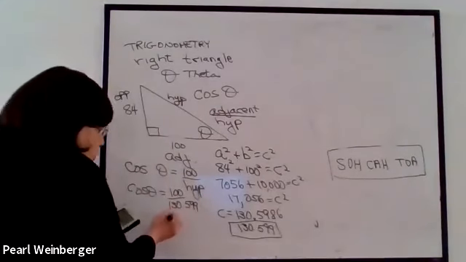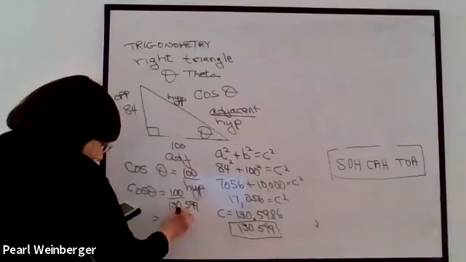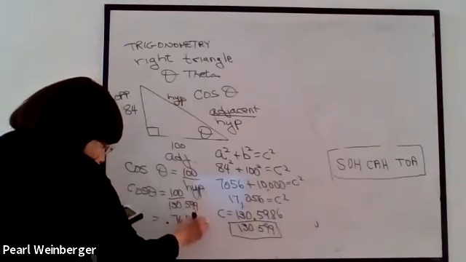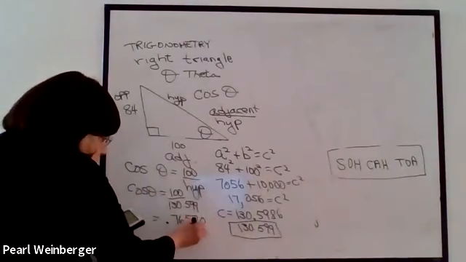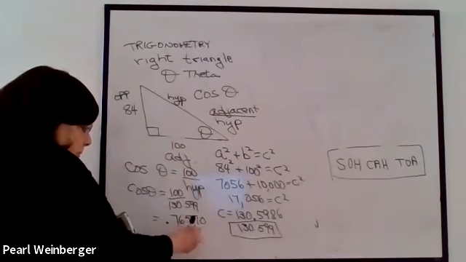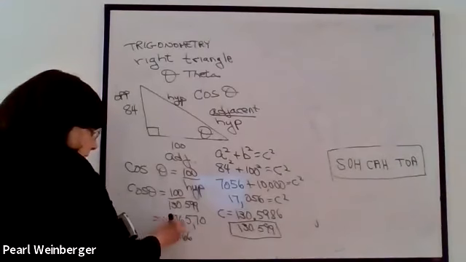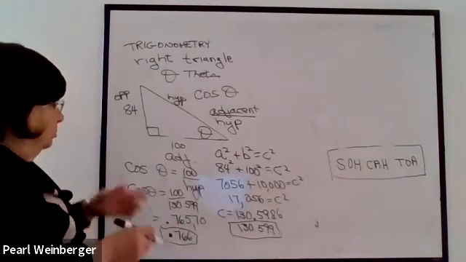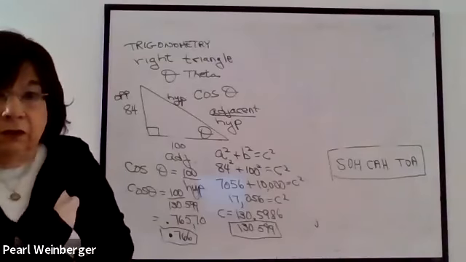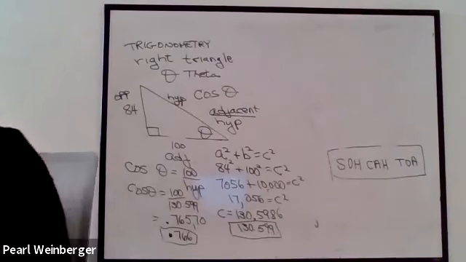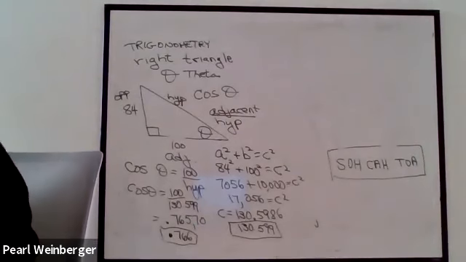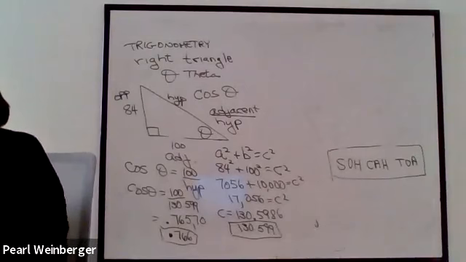And I get 0.76570. Remember, I want to go to 3 decimal places. So this is my 3rd decimal place. This is higher than 5, so it becomes 0.766 would be my answer to what the cosine of theta is to 3 decimal places. And this is given as a multiple choice question, and of course one of the answers was 0.766.